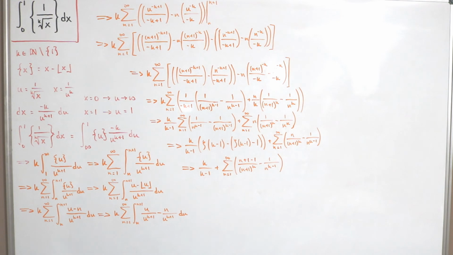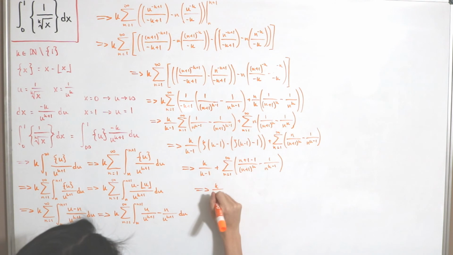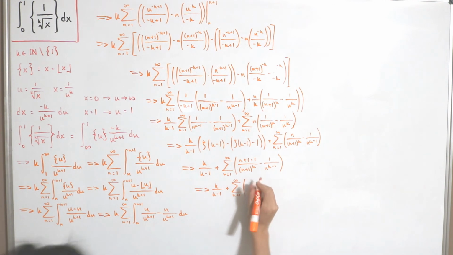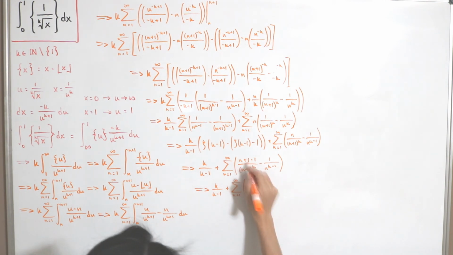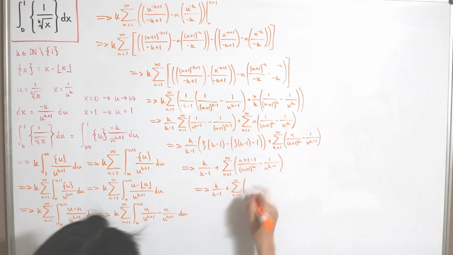So what that implies is that I can rewrite and split this into fractions. Now we have k over k minus 1 plus the infinite sum, n equal to 1. From here, n plus 1 can move into the denominator, just like in the similar argument before.